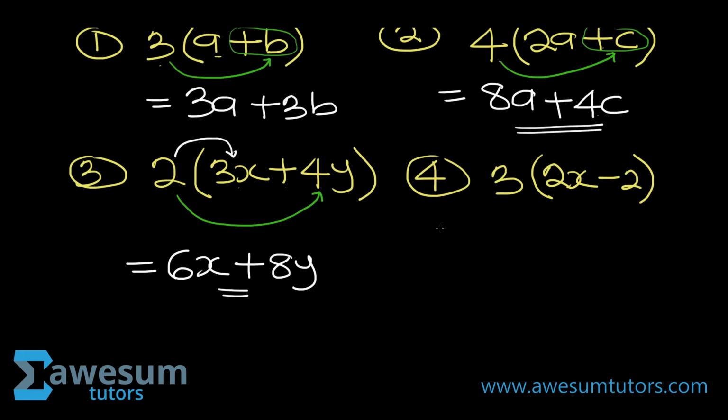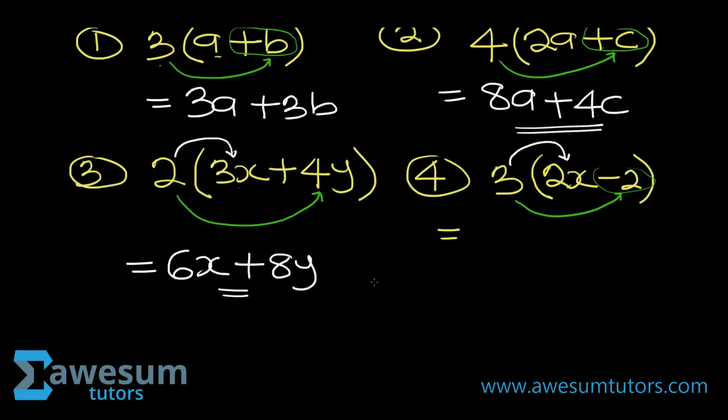Now let us take a look at this. In the case of this also, this 3 is going to multiply 2x, and also it is going to multiply this minus 2, the same approach.